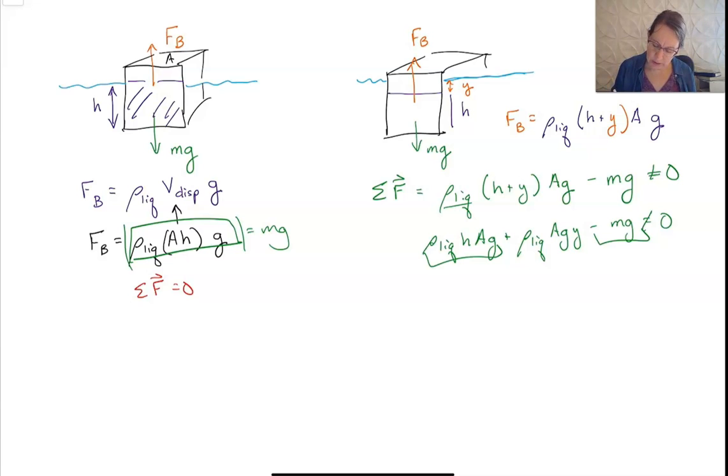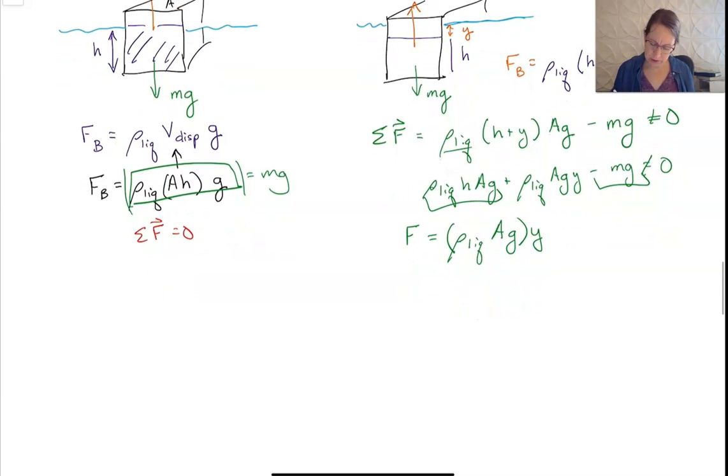So what we're left with is our extra, additional force acting on it, which is rho times A times g times y, the distance y. And this is actually a restoring force. It's just like the spring force, if you think about it.